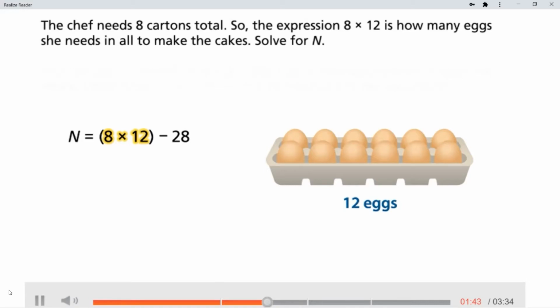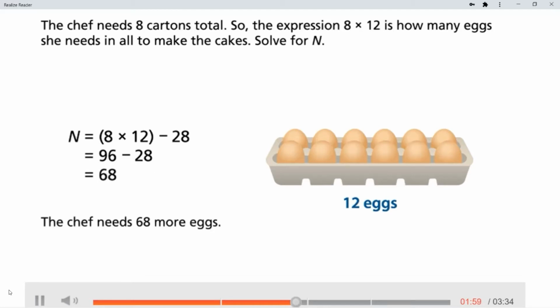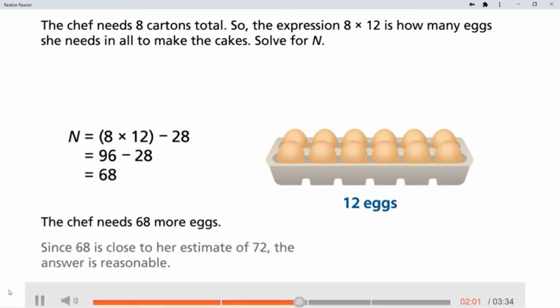The chef needs 8 cartons total. So, the expression 8 times 12 is how many eggs she needs in all to make the cakes. Solve for n. N equals 96 minus 28, which equals 68. The chef needs 68 more eggs. Since 68 is close to her estimate of 72, the answer is reasonable.